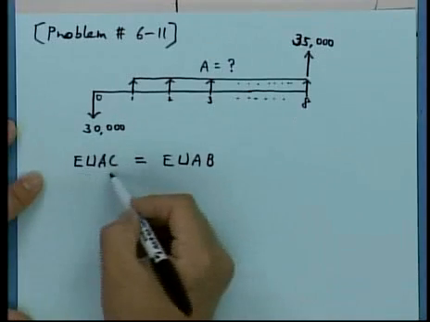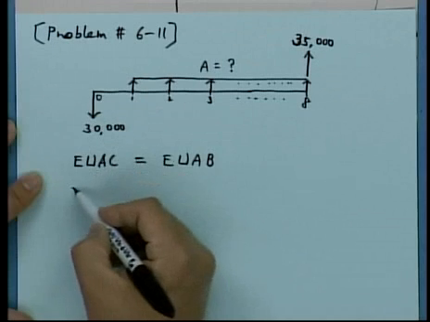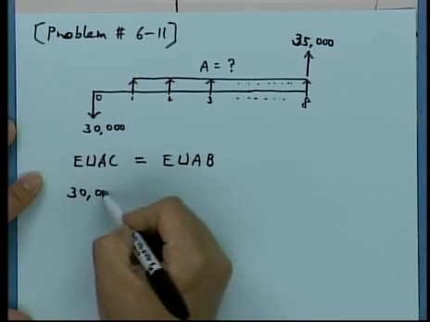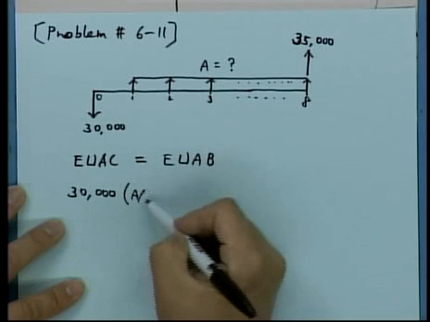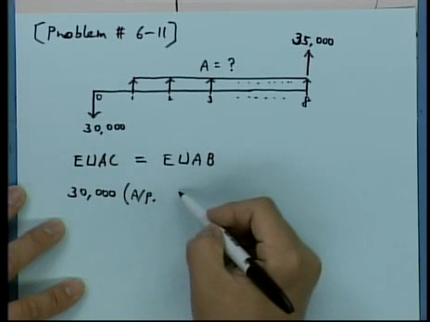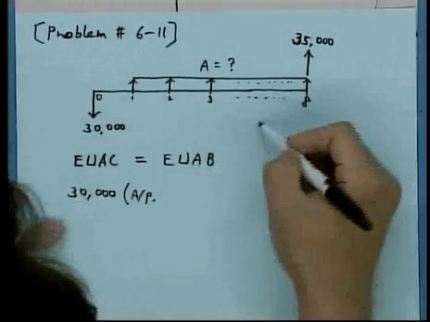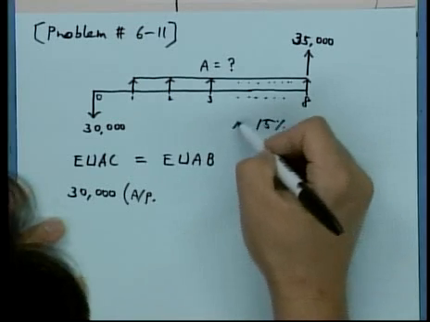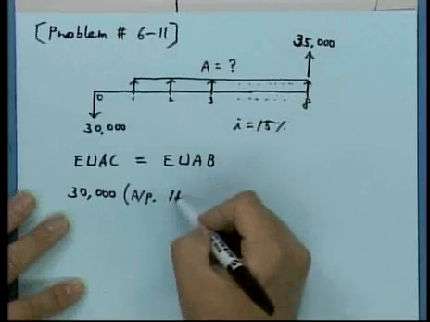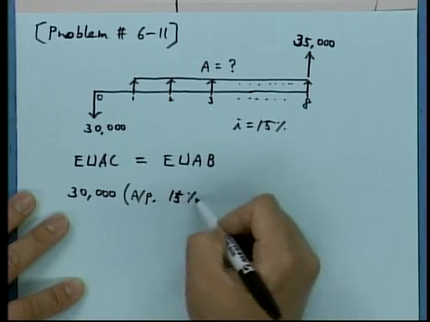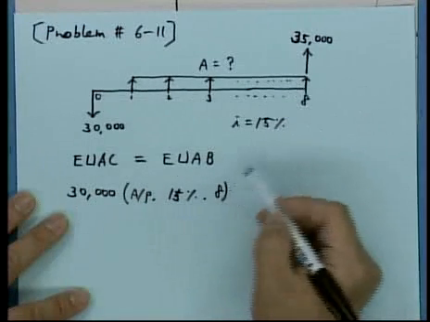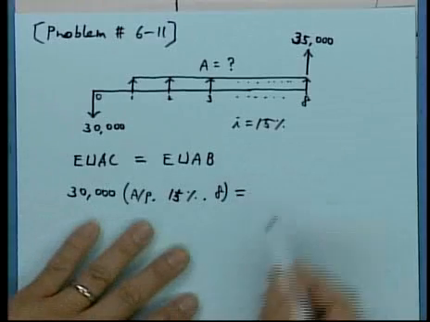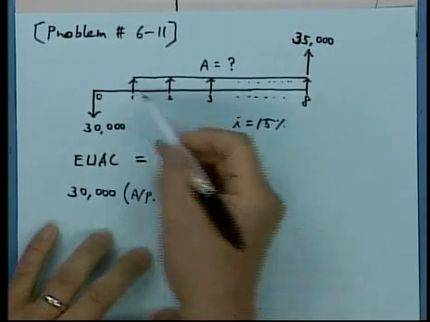So here, the equivalent uniform annual cost is simply 30,000 times A given P. And we are using 15% interest rate. So 15% over 8 periods is equal to A's, right?